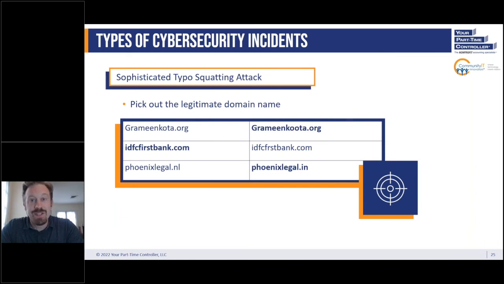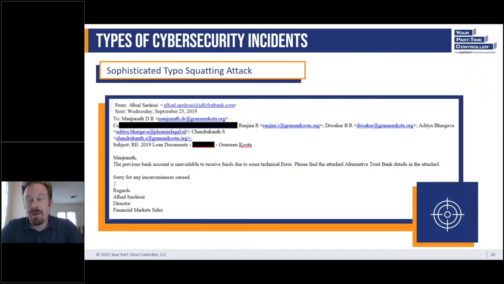So you can see it's very tricky to determine, and there are lots of different elements here. Again, the same pattern where we see the previous bank account information is unavailable. We need to provide some updated information so that you can update your payment information so we can complete the transaction. So again, a very sophisticated attack in order to achieve a financial gain.